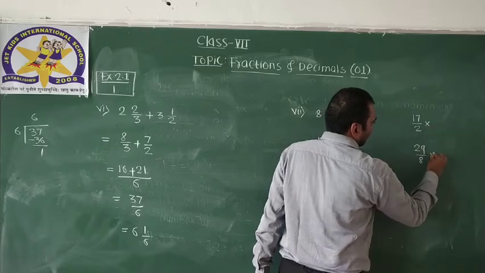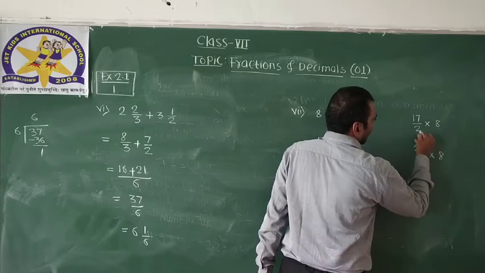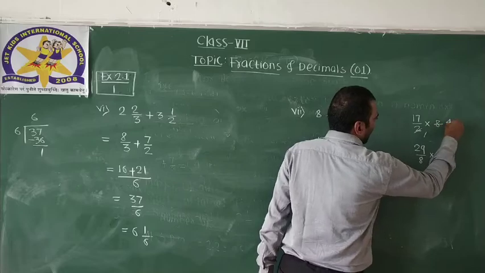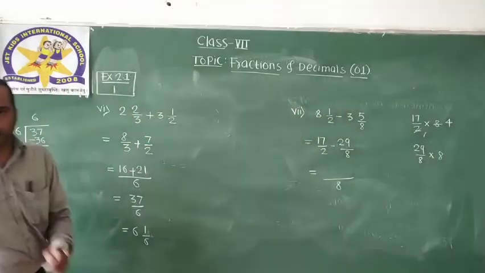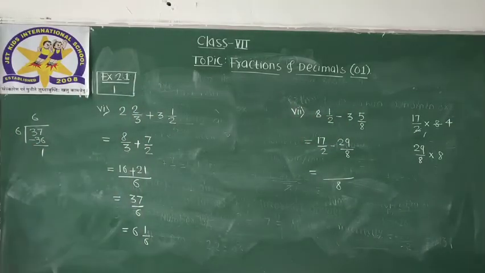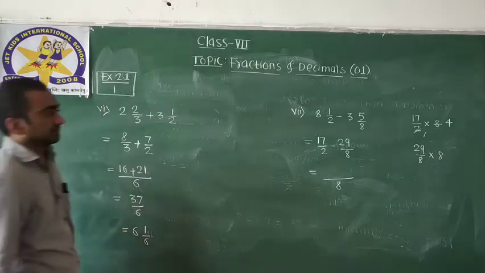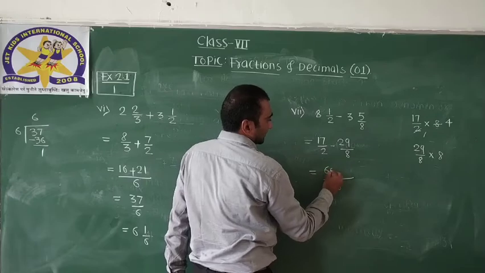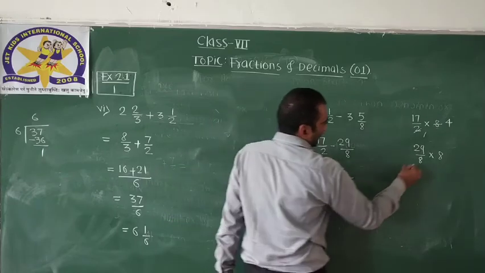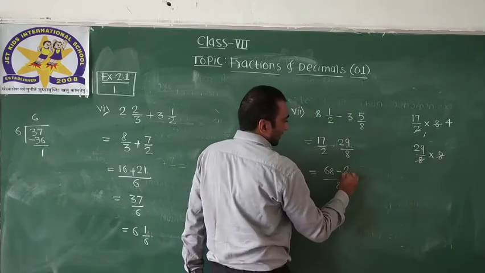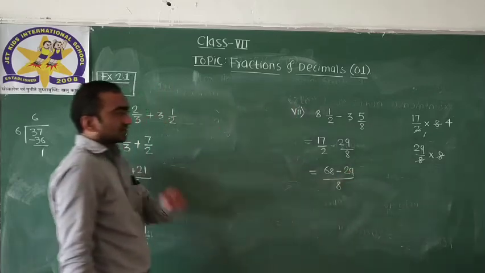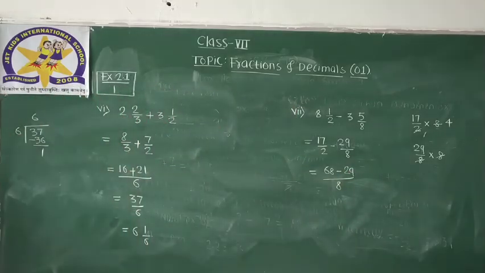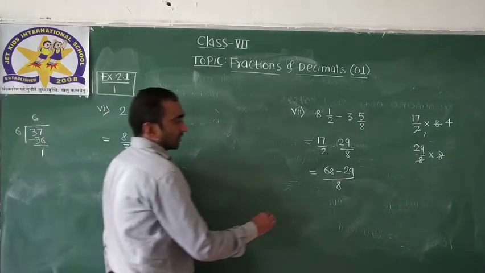Multiply both fractions by LCM. 2 1s are 2, 2 4s are 8. 17 4s are 68 minus 8 cancels, 29. Make the subtraction 68 minus 29, that equals 39 divided by 8.